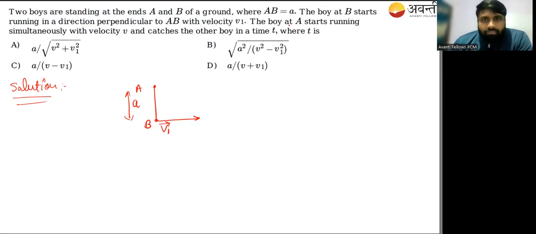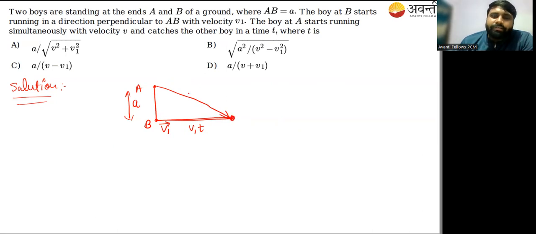Now the boy at A starts running simultaneously with velocity V and catches the other boy at time t. To catch this boy, who is already moving with velocity V1, in time t, he will go V1 into t. And to catch him, the boy at A has to move in this direction, and in time t he has also covered V into t.